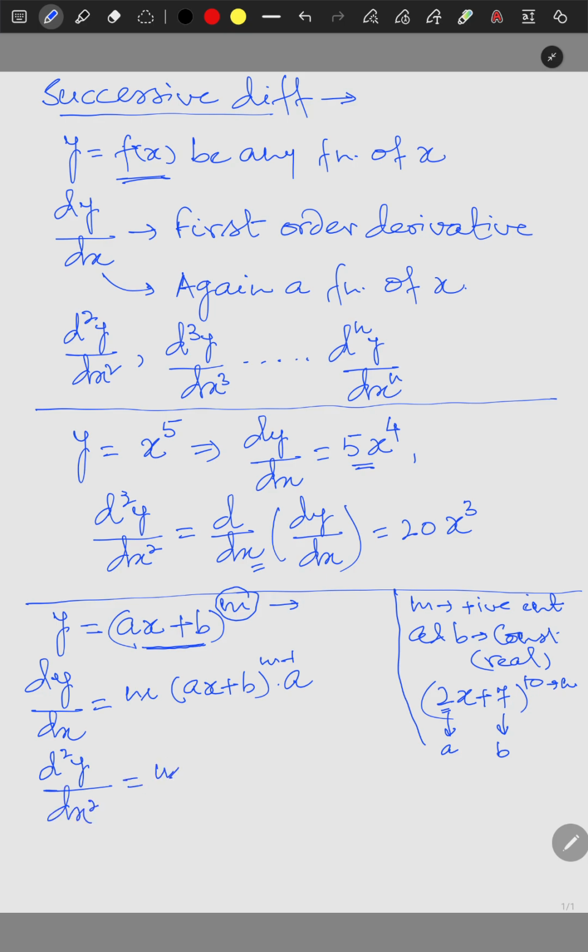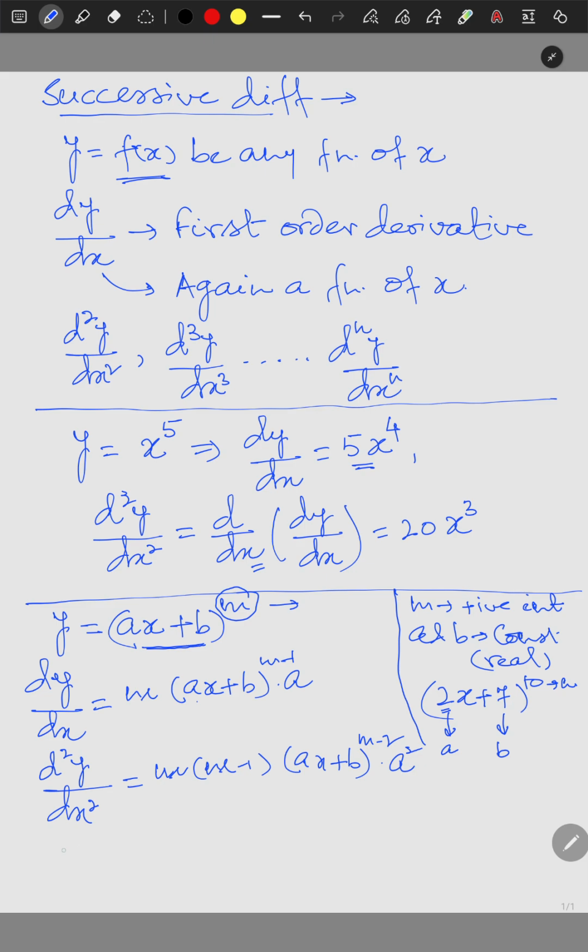So this is m times (m minus 1) times (ax + b) to the power m minus 2, and again the derivative of ax + b produces a. We already have a here, so now we have a square.